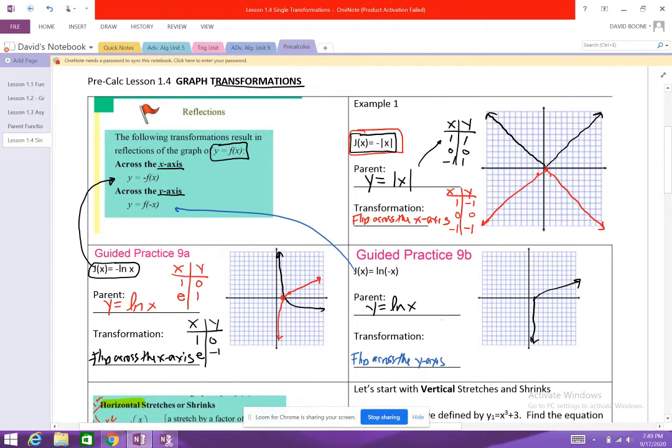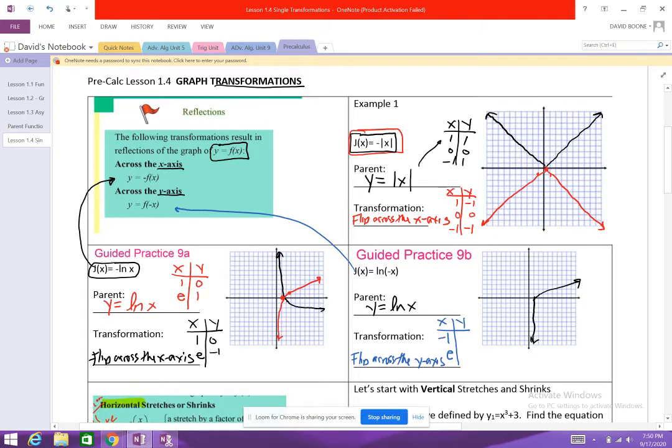We can do a little proof on that one. Make a little XY table, and again, use the same inputs that we used over here in guided practice 9a. Put in 1, put in e. But now we're actually putting in negative x.